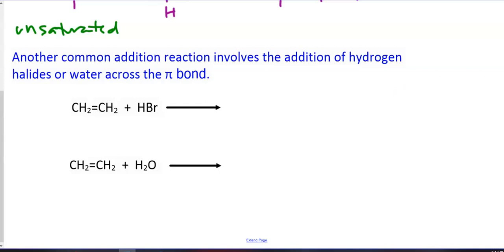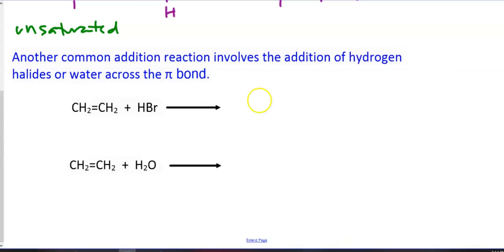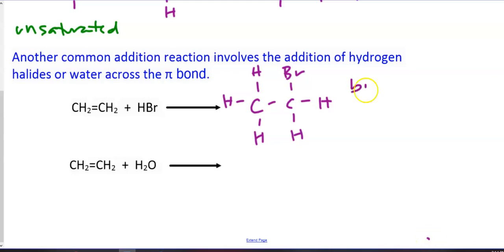For example, ethene right here, if I add HBr, you're going to have carbon with the 2 H's that are already there to carbon with its 2 H's, and you're going to get an H where the double bond was and whatever your halogen is, bromine in this case. So you're going to turn this from ethene to bromoethane.